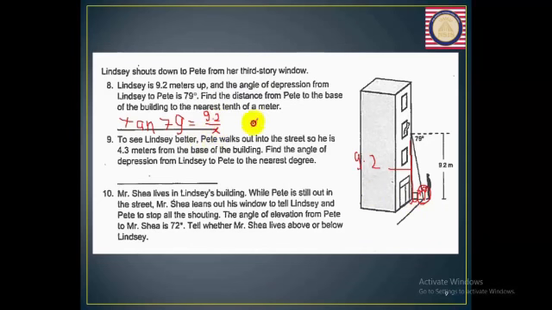So x equals 9.2 over tan 79. You can solve it by your calculator easily.